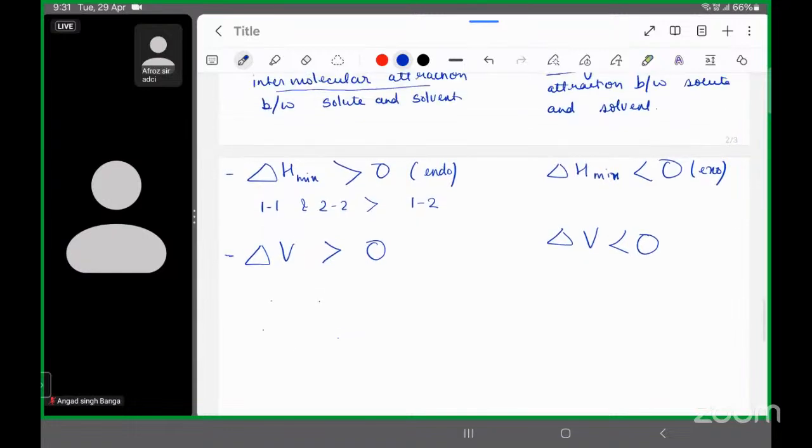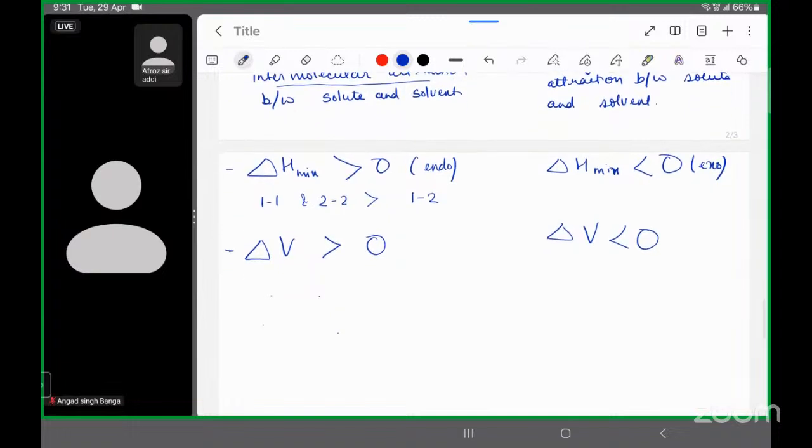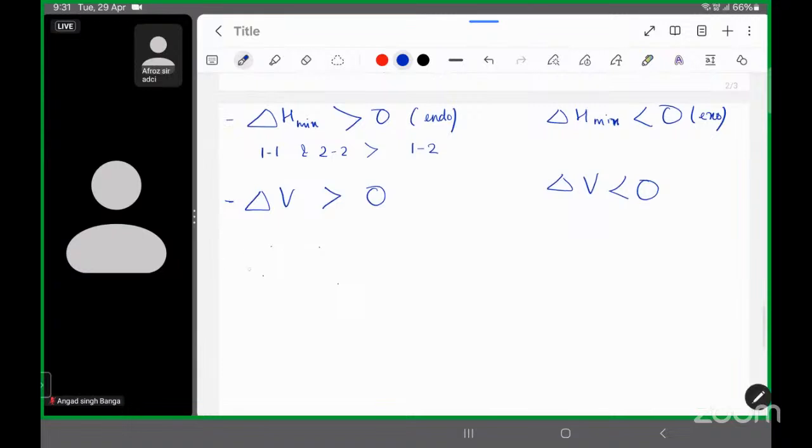Is that clear? Okay, now the very important part is the examples. Questions are asked frequently from the examples. Now, examples of ideal solution. This is the most important part.